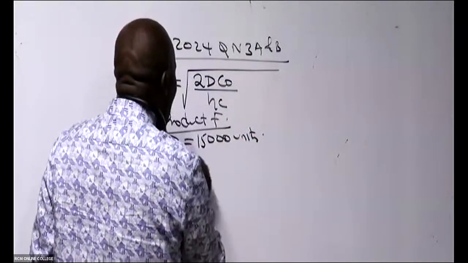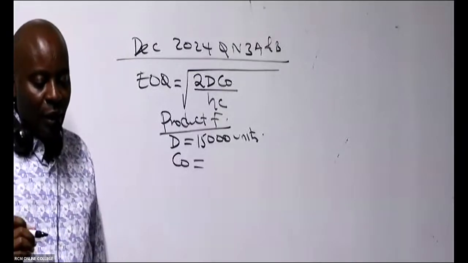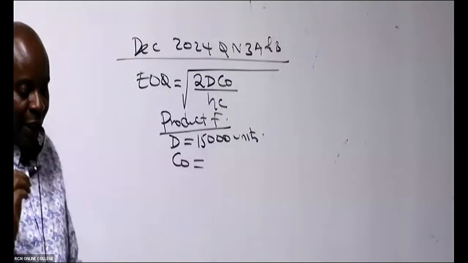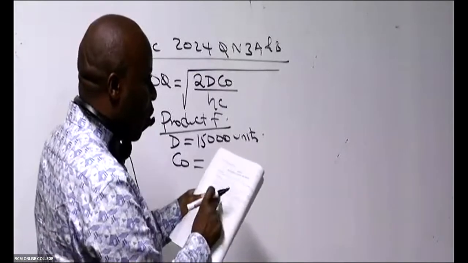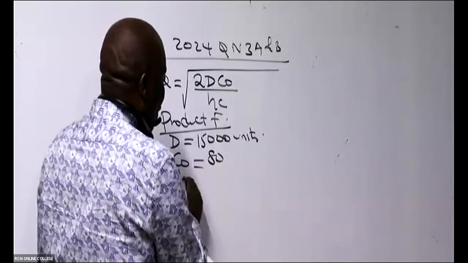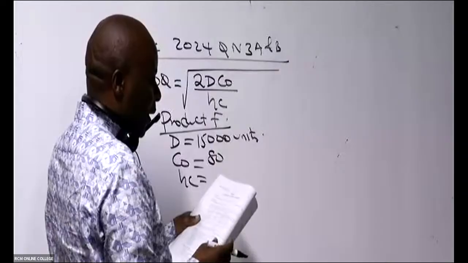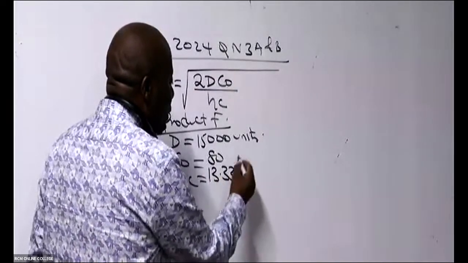Are you able to see the cost per order? 80, isn't it? For F, remember it's F. Roman 1 is about F. So the cost of administration per order is 80. Are you able to see the HC? Yes, I can see HC is 13.33%.